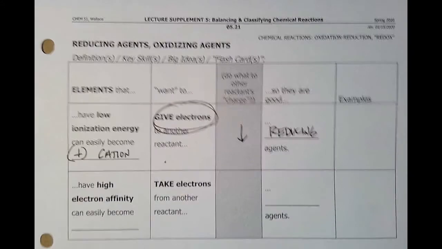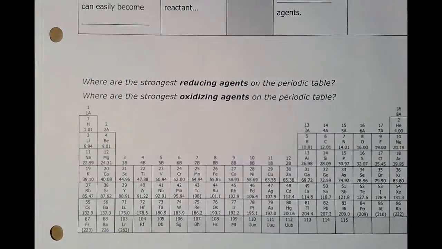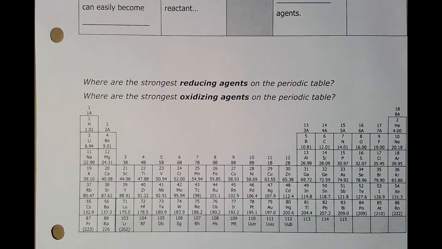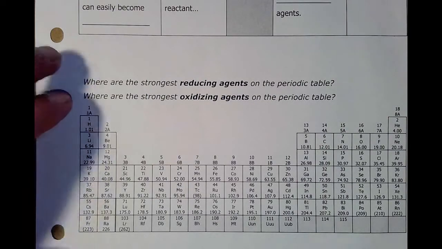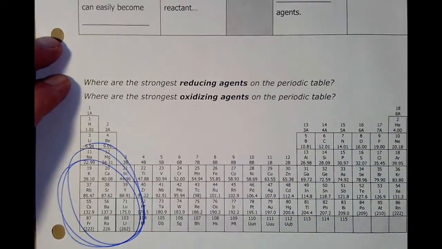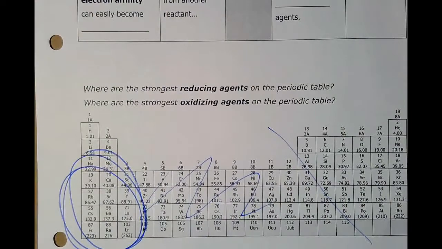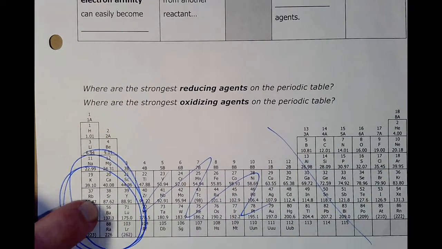Where do we find elements that easily give up electrons? Let me get a felt pen for this one. I'm going with the blue. Over here. And even maybe more broadly, all of those metals, right? They like to give up electrons. These really want to give up electrons.